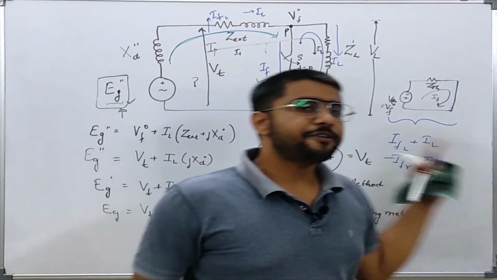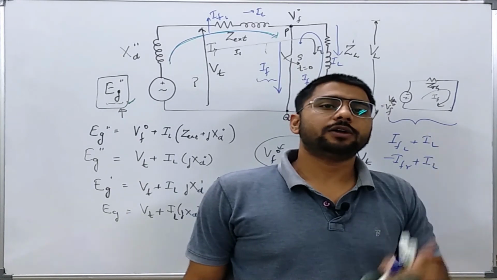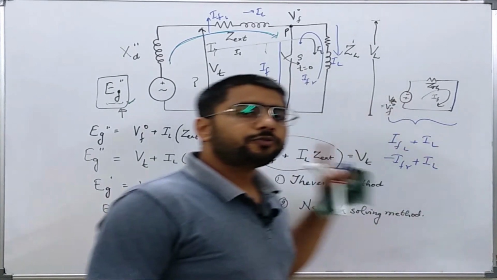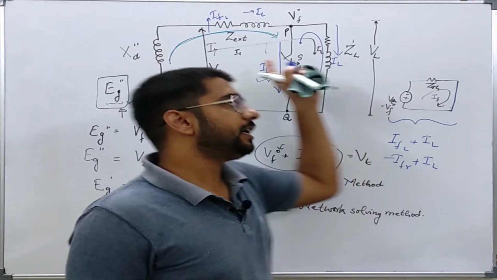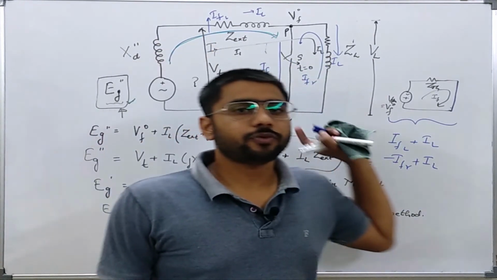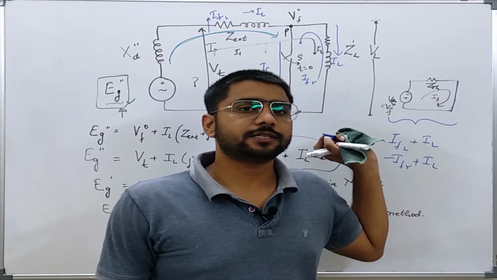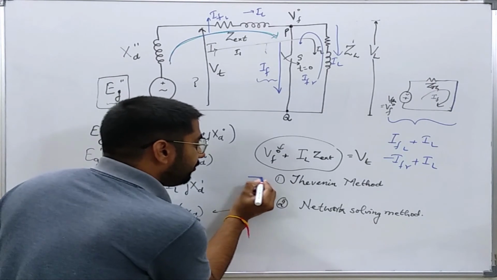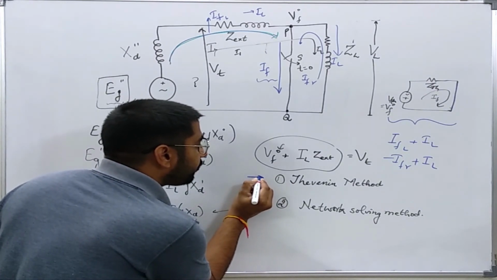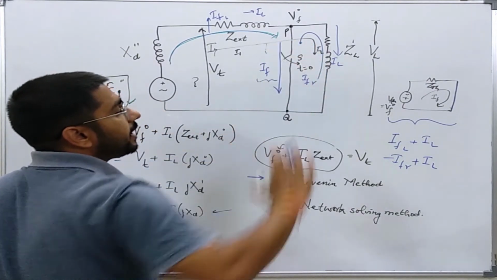So the Thevenin method is going to give you the right values for the fault current only. To find the currents after the fault occurred in various other branches of the network, I will have to find the pre-fault values which were flowing through these branches also. So this method should be utilized only if you want to find the fault current flowing through the faulted part.